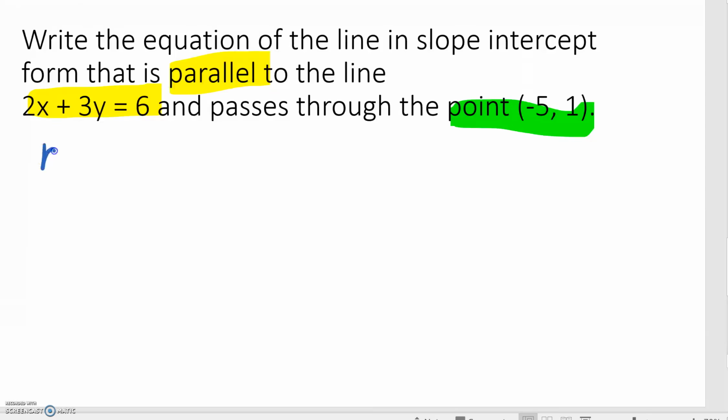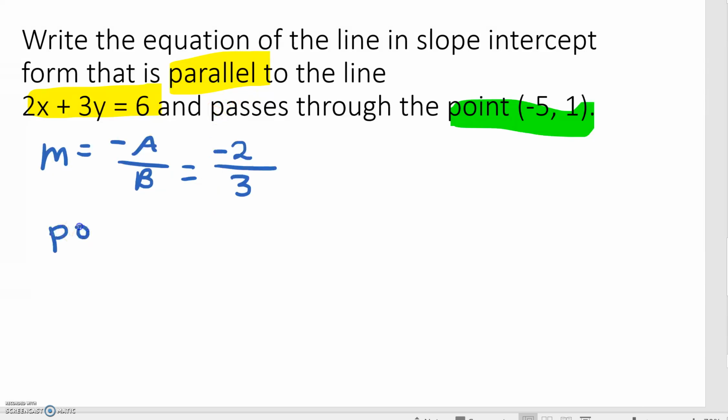If you will remember, the slope is equal to -a over b. Our a term is 2, so that's -2 over b, which is 3. So our parallel slope is -2/3. That is also our slope since parallel lines have the same slope.